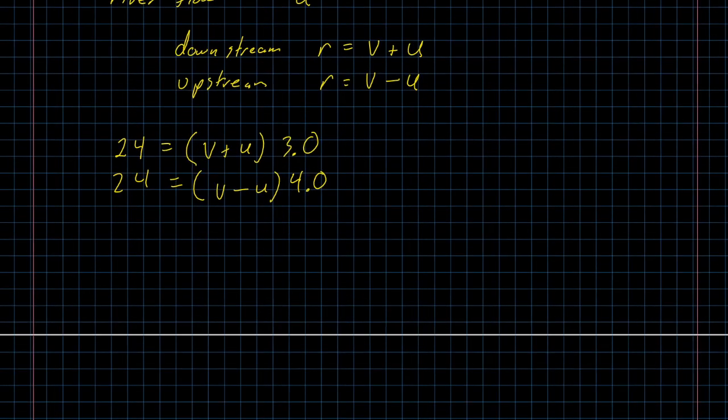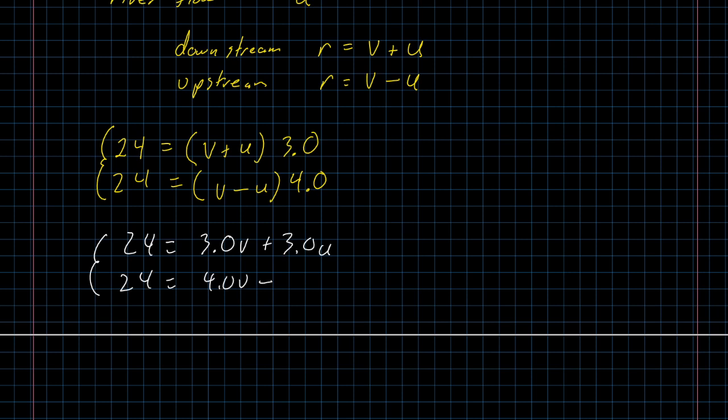Using the distributive property here, I can rewrite this system of equations as 24 equals 3.0v plus 3.0u, and 24 equals 4.0v minus 4.0u. This is a system of two equations in two unknowns.